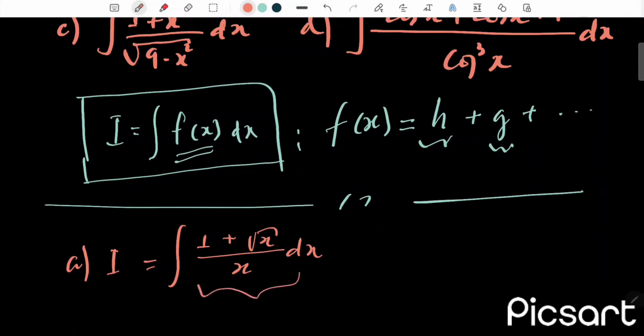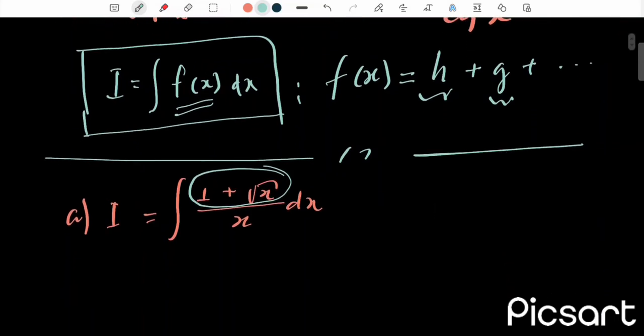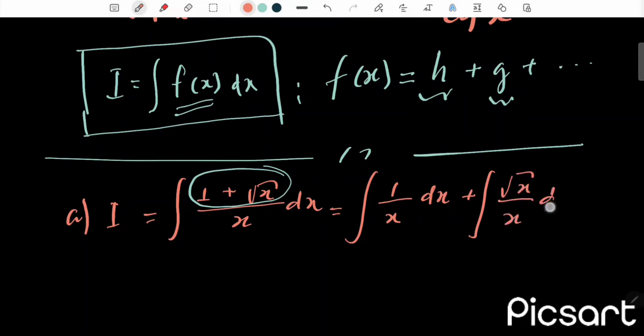From here we don't have a direct technique that we can apply to solve this integral, but when we analyze the numerator, we can see that we have a sum of 2 terms, the first one 1 and the second one square root of x, so that we can write this integral as the integral of 1 over x d of x plus the integral of square root of x over x d of x.